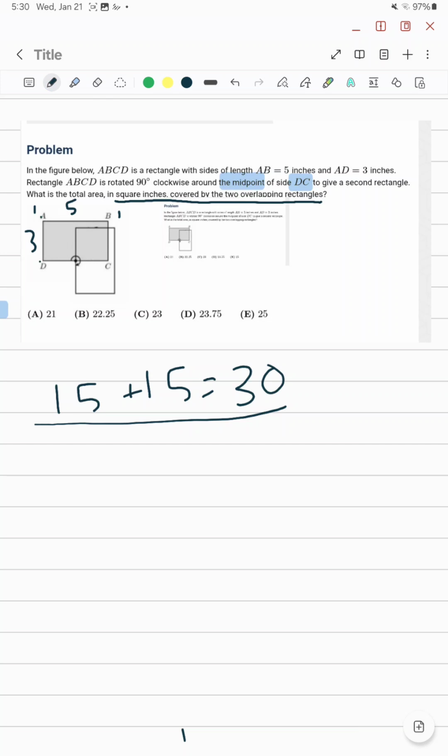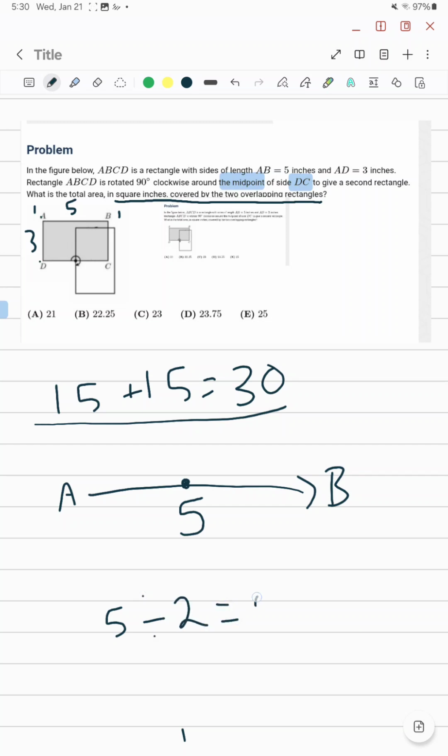And since A to B equals 5, what would the midpoint be? The midpoint would be right here, and that's in the middle of 5. So 5 divided by 2 equals 2.5. So one of these sides is 2.5.